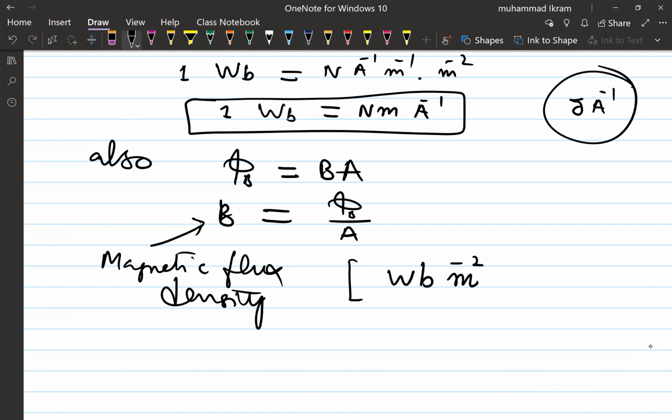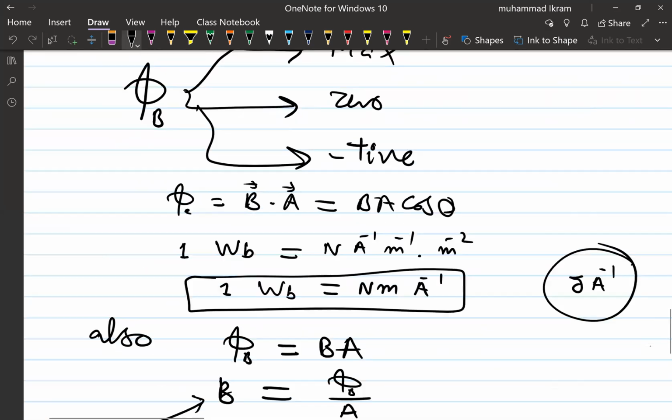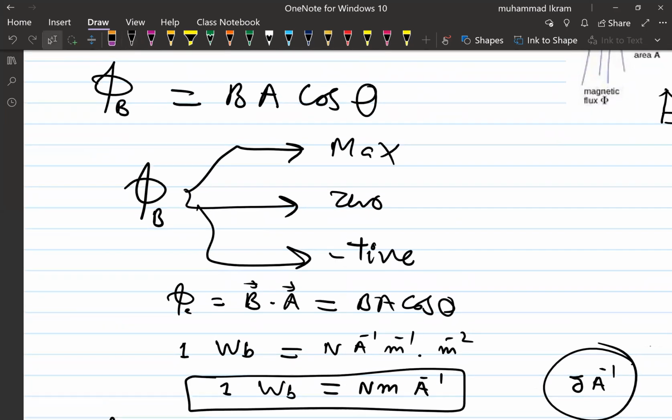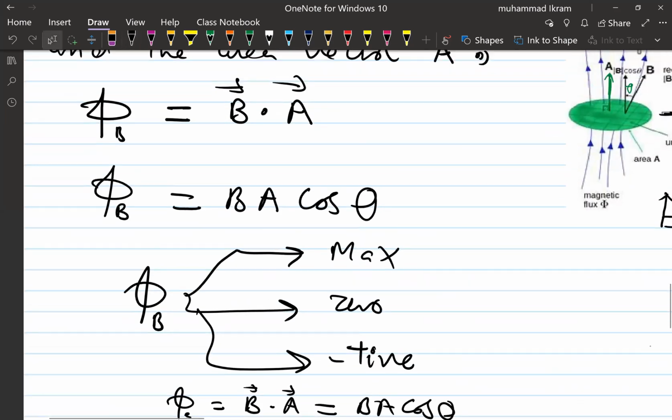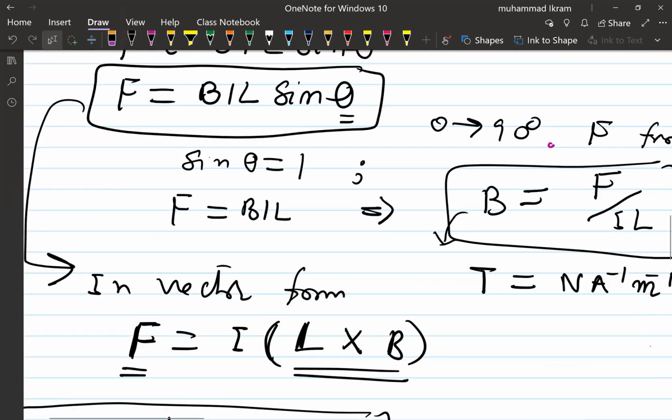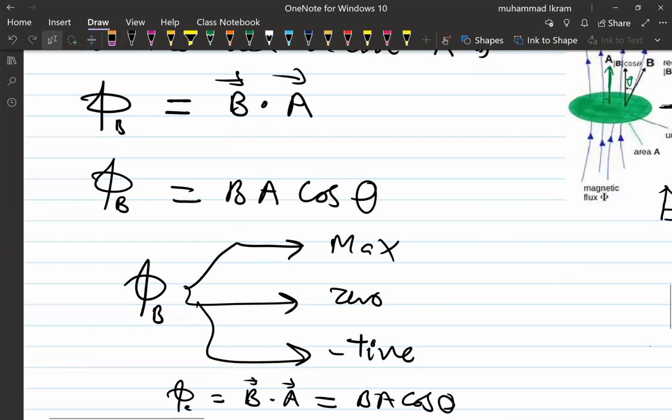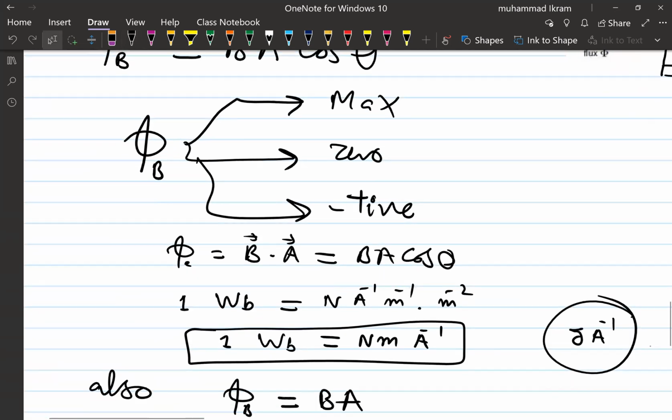Clear? So this is all about the magnetic flux density. Magnetic induction and magnetic flux density are the same. Another important point I want to share with you is that there are other units for the magnetic flux density or magnetic induction also.